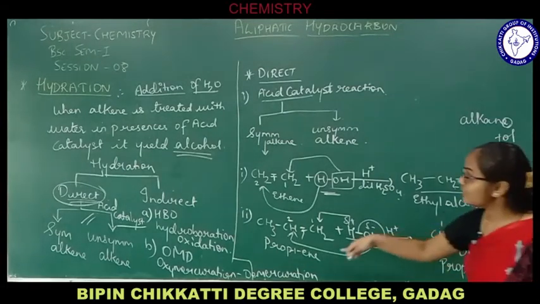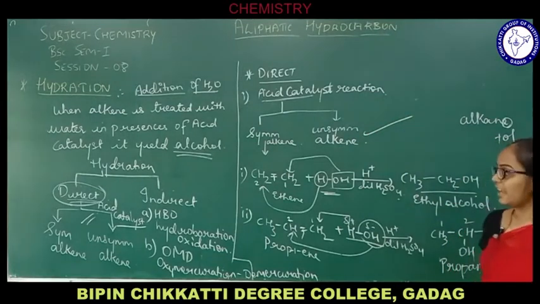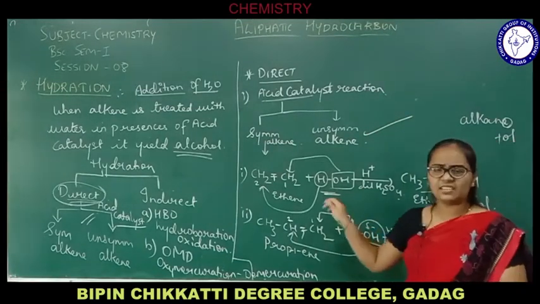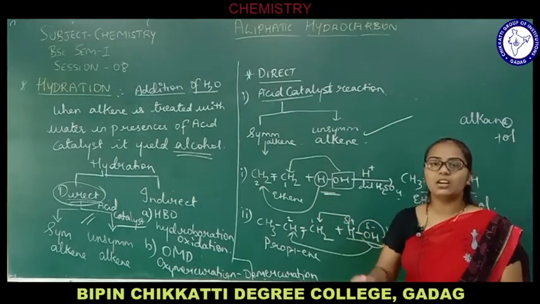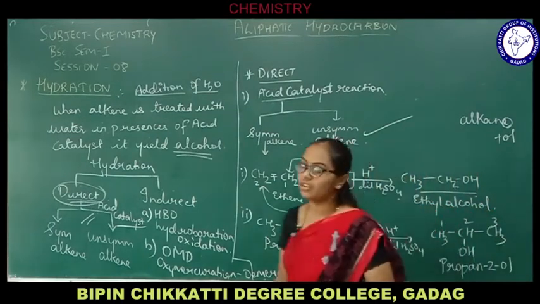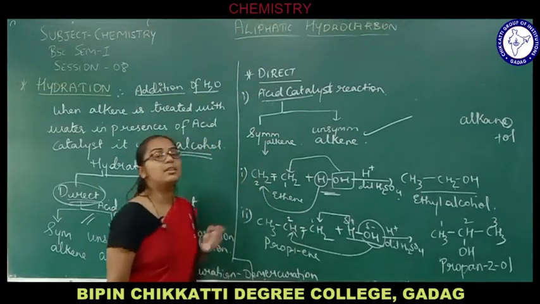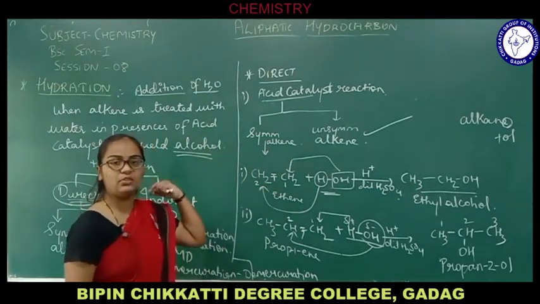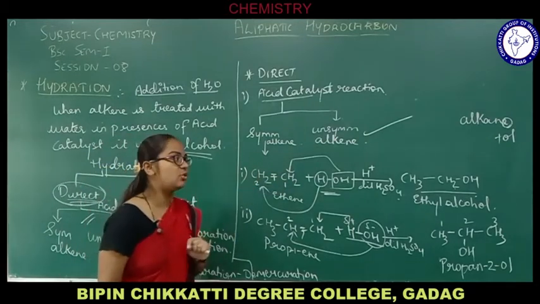So this is how for unsymmetrical alkene the Markovnikov rule is applicable. For symmetrical alkene there is no Markovnikov rule, because across the carbon-carbon double bond, the number of hydrogen and the number of carbon atoms is similar. So anyway around, the hydrogen will go and get attached to either carbon, and hydroxyl will attach to either carbon.